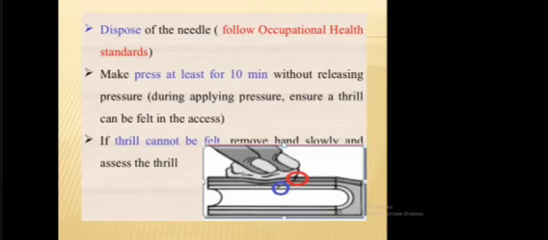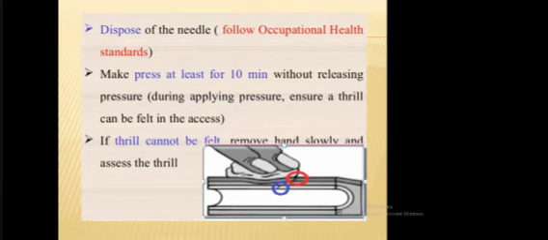Apply pressure for at least 10 minutes without releasing pressure. While applying pressure, ensure the thrill can be felt in the access. This pressure for 10 minutes will reduce the chances of bleeding and other complications during closure of the fistula.